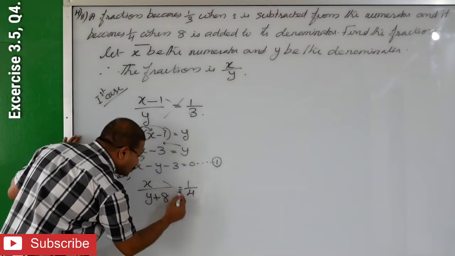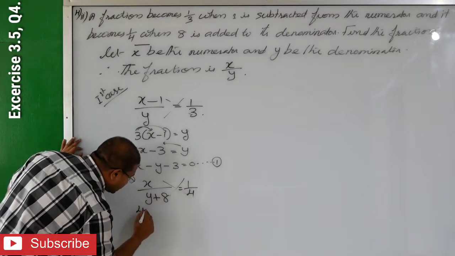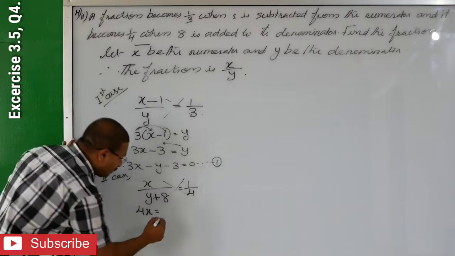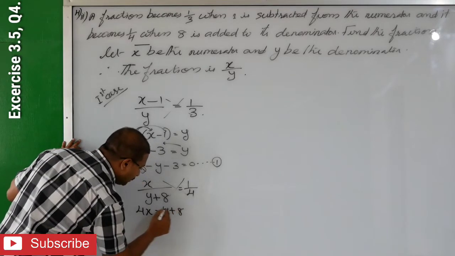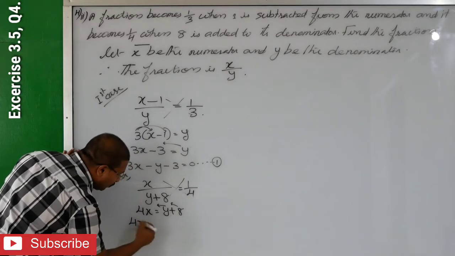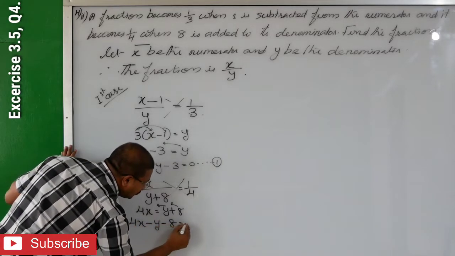Ready? Now we will cross multiply. See, x into 4, that is 4x, equals 1 into y plus 8, means y plus 8. Now, these two will carry to the next side. That means 4x, y goes to the next side, minus y, 8 goes to the next side, minus 8 equal to 0.